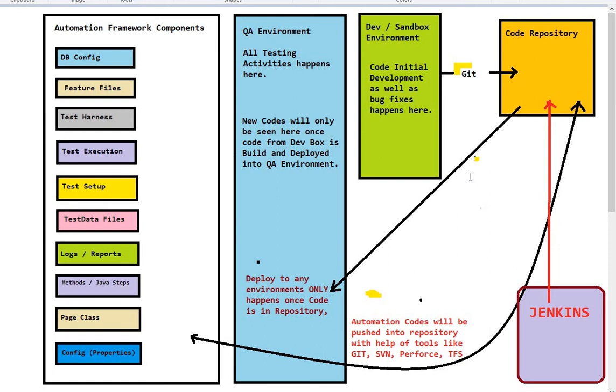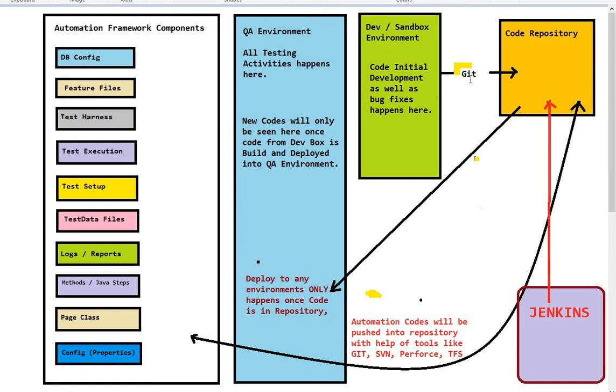The green section here, the dev sandbox, is the environment where developers start developing the new code or new requirements as defined in the user stories. As soon as they're done, they do some form of unit testing and verify that the code works and meets the requirements that were asked.